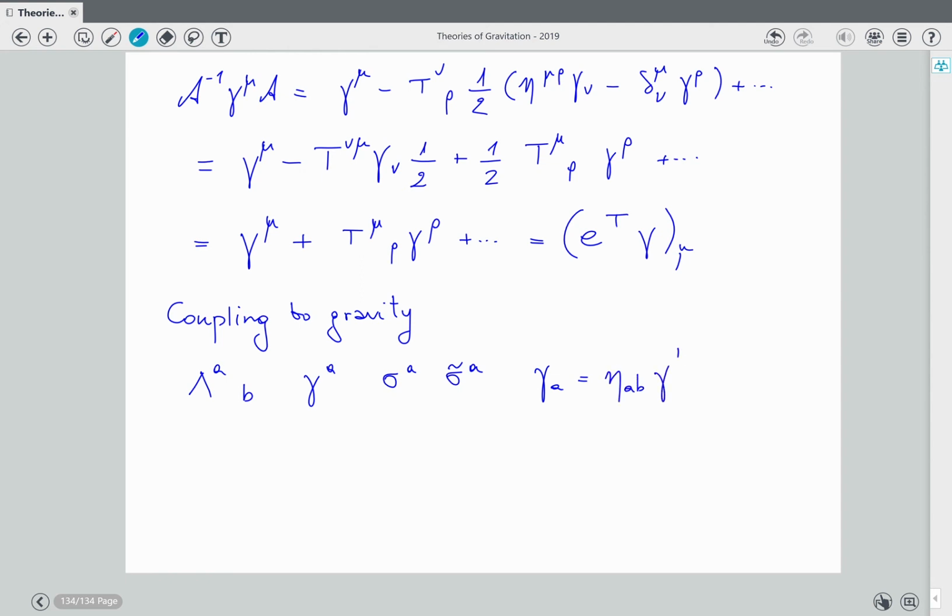Nothing we have seen so far will have space-time indices, because only in the basis of flat space indices will we have the gamma matrices equal to constants, because otherwise you would need to introduce not constant matrices, but matrices that depend on the point.